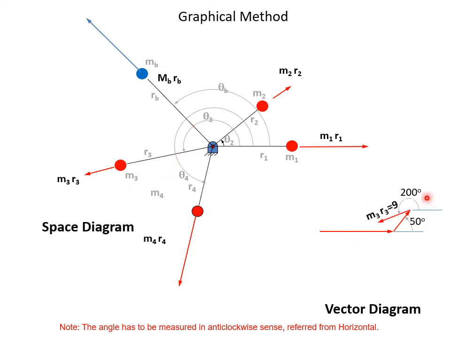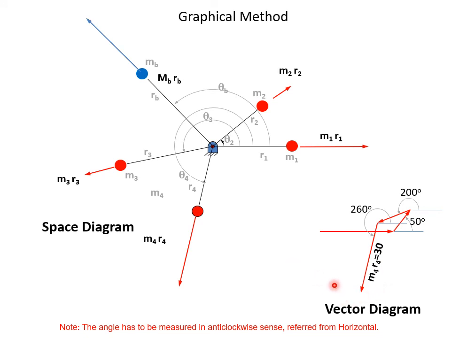So m3 r3 is at an angle of 200 degrees. We draw a line at an angle of 200 degrees, and the length of the line represents m3 r3, which is equal to 9. And finally we draw the vector m4 r4. Once again we should notice that we are measuring from the horizontal line in the anti-clockwise sense. Now we have to find mb rb.